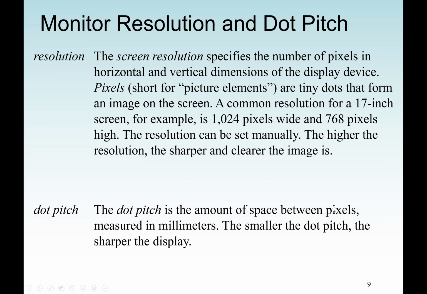A common resolution for a 17-inch screen, for example, will be 1024 pixels wide and 768 pixels high. The resolution can be set manually. The higher the resolution, the sharper and clearer the image is. Also, the dot pitch is the amount of space between the pixels measured in millimeters. The smaller the dot pitch, the sharper the display.